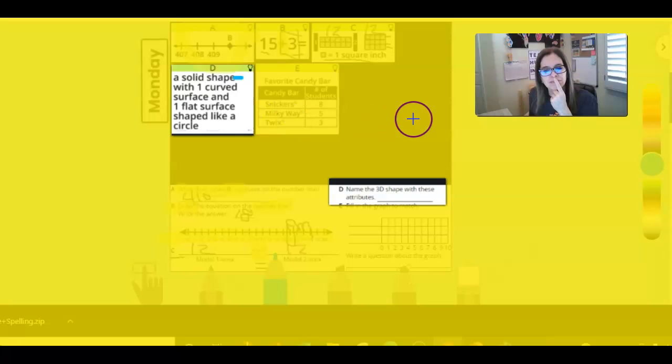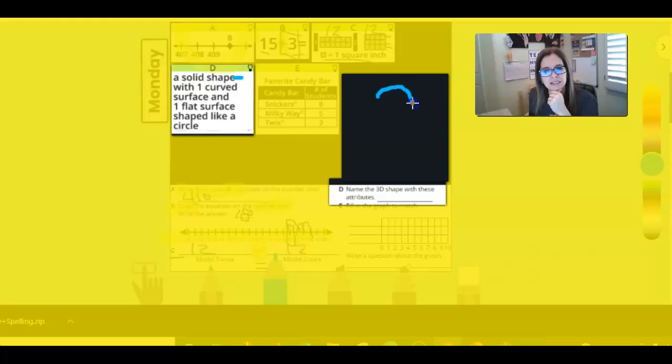One curved surface and one flat surface. A cylinder has two flat surfaces, so it's not a cylinder.